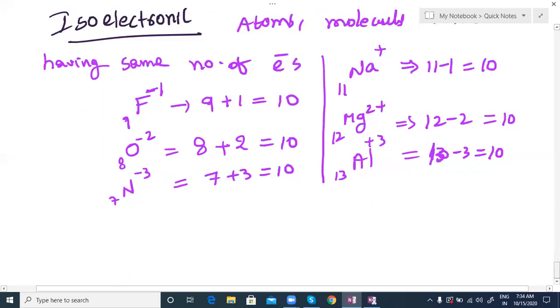All have 10 electrons, the same number of electrons, so we call this isoelectronic. With respect to molecules, we can write N2, CO, CN minus.